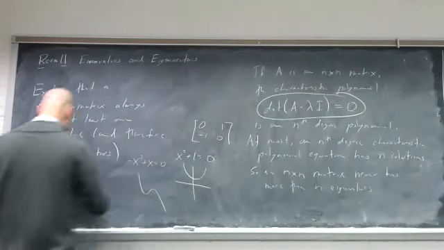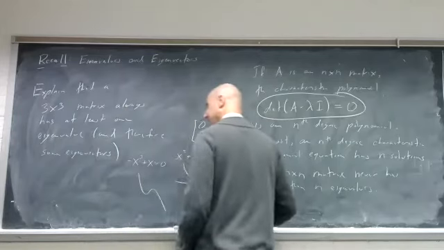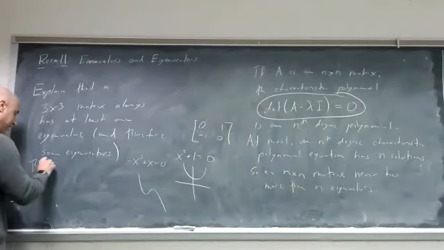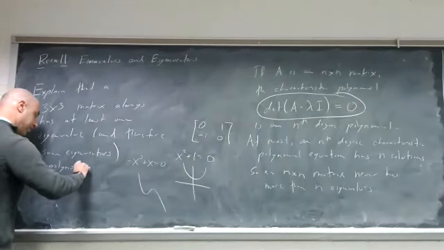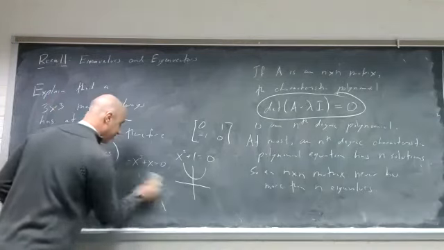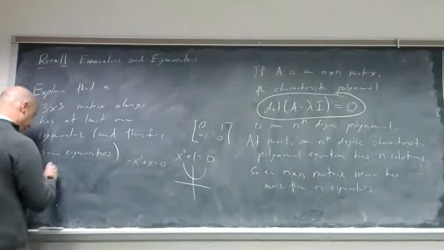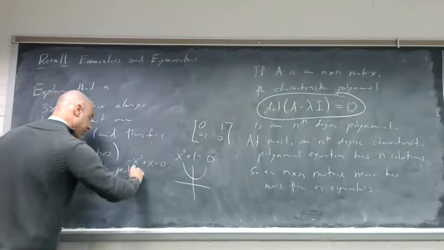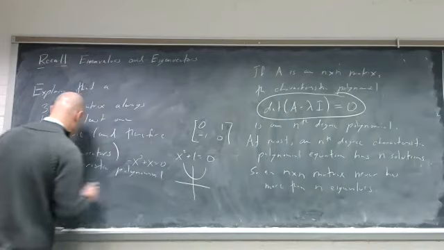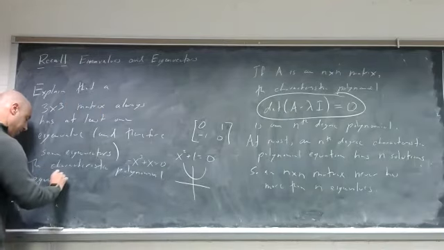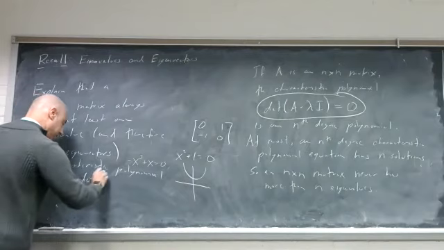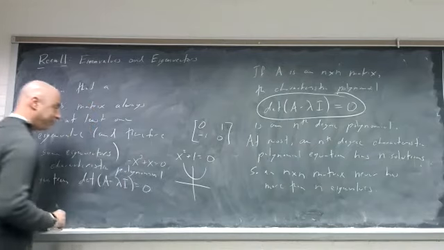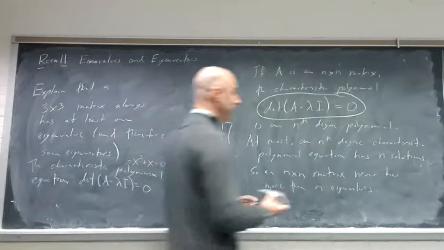So this is true because the characteristic polynomial equation, determinant of A minus lambda times the identity equals 0, for a 3x3 matrix is degree 3.